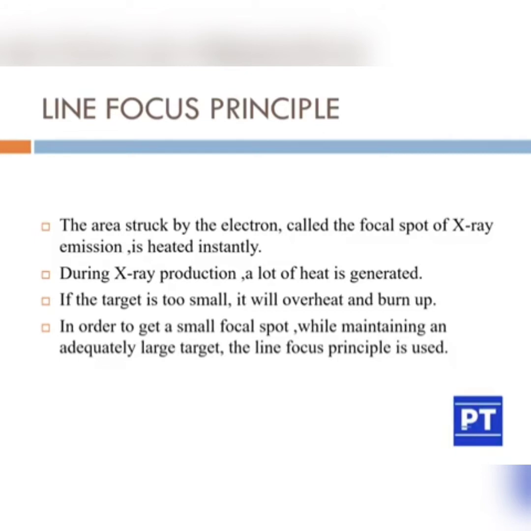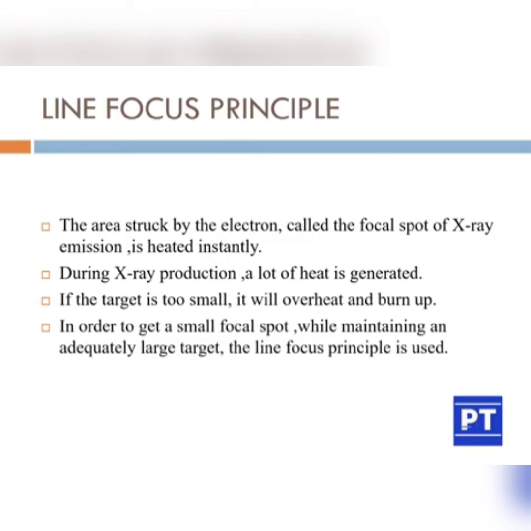The area struck by the electron is called the focal spot of X-ray emission, and it is heated instantly. Too much heat is generated in the target as each electron comes and hits. During X-ray production, a lot of heat is generated. If the target is too small, it will overheat and burn up.